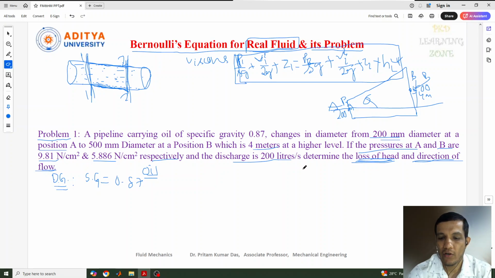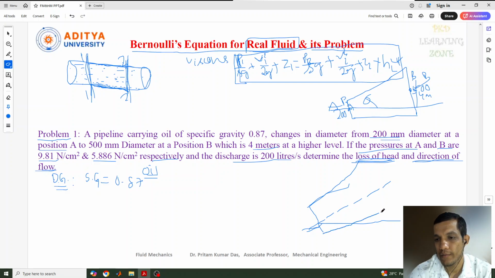Let me draw a diagram properly here. Suppose this is the datum line, and for the pipe which is considered, we first need to draw the center line of this pipe, and it will be in the divergent mode because the diameters are given differently.